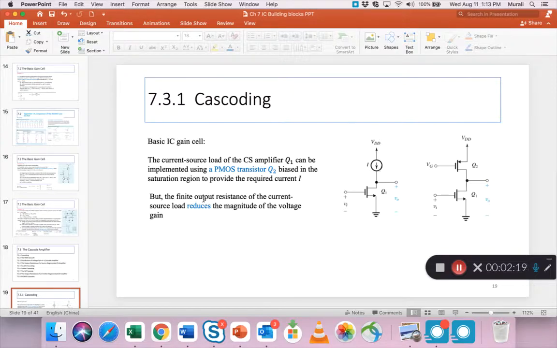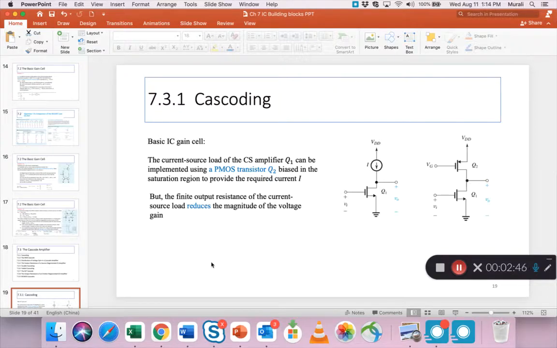Hence the name, the current source load of the common source amplifier Q1. This current source can be implemented using a PMOS transistor.